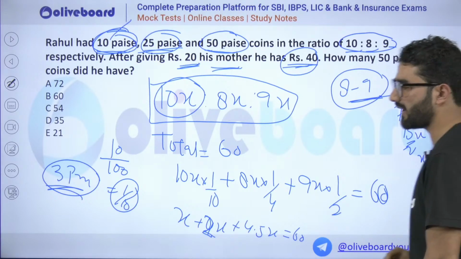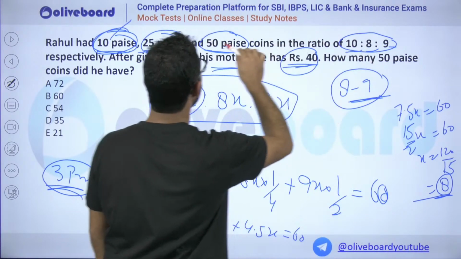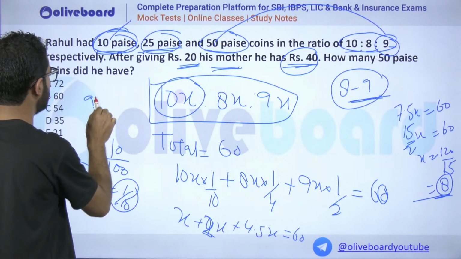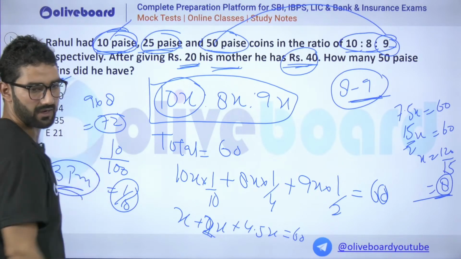You got the value of x. If the value of x is 8, the number of 50 paise coins is 9 into 8, that is 72. Option A will be the correct option.